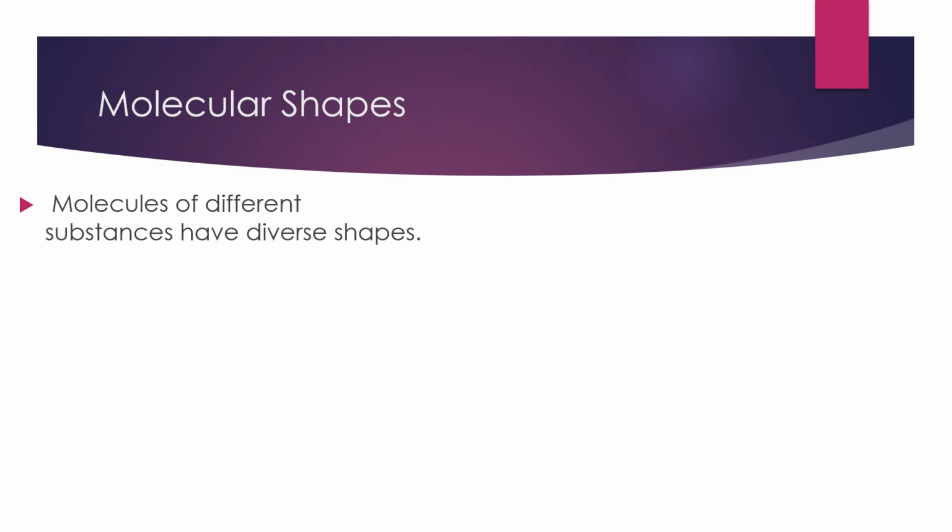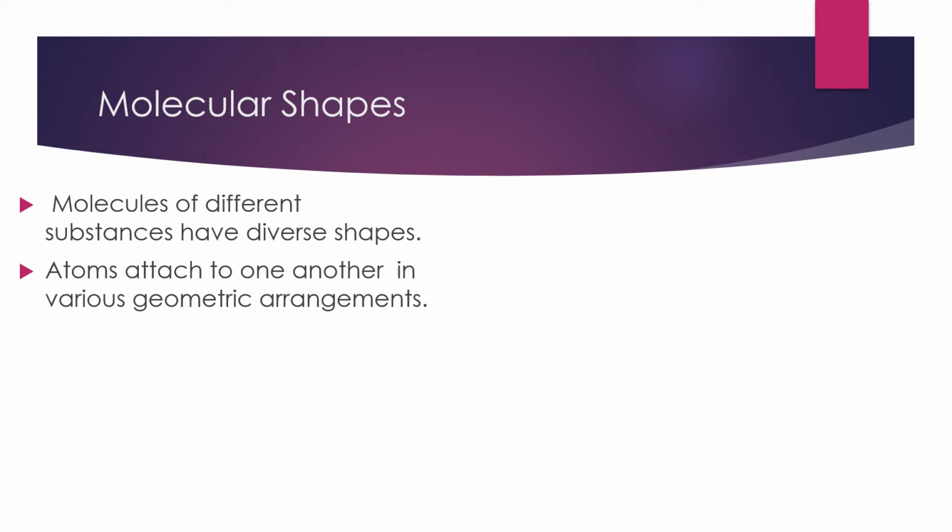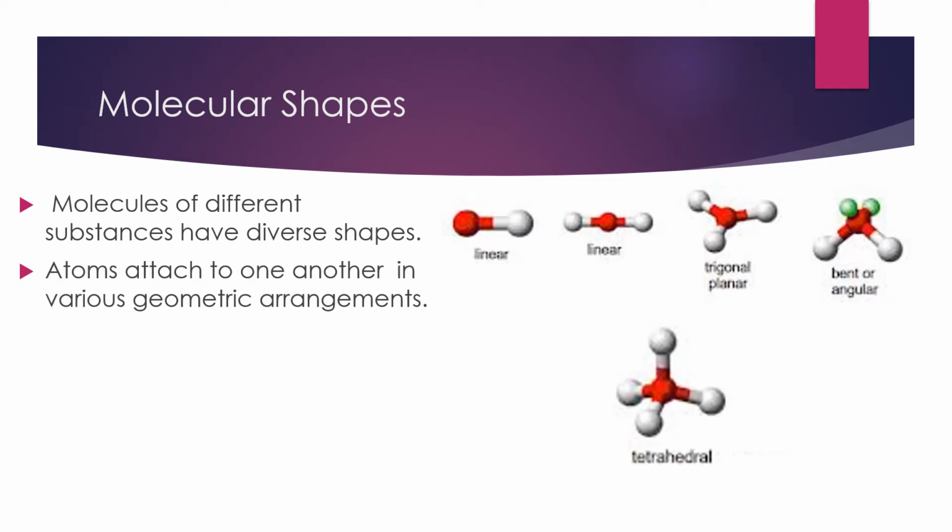Molecules of different substances have diverse shapes. Atoms attach to one another in various geometric arrangements, as you guys can see over here. We have our four shapes that we will learn today: linear, trigonal planar, bent, and tetrahedral.